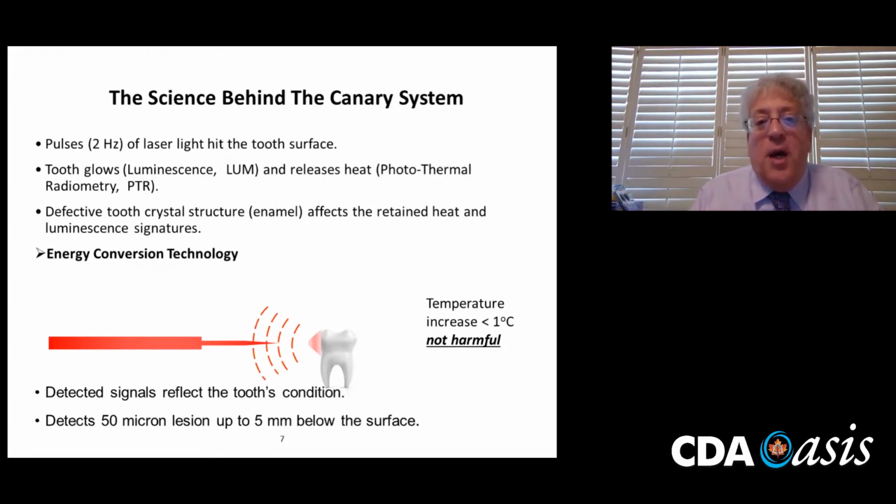And the way I describe it to patients is, imagine you've got a laser pointer and a nice crystal bowl. And you shine that laser pointer at the crystal bowl. Where there are no cracks, the laser light shines right through it, and so it looks clear. But where there's a crack, the laser light gets trapped and it glows red.